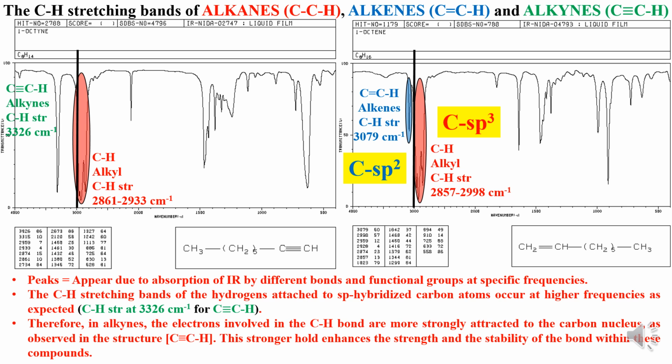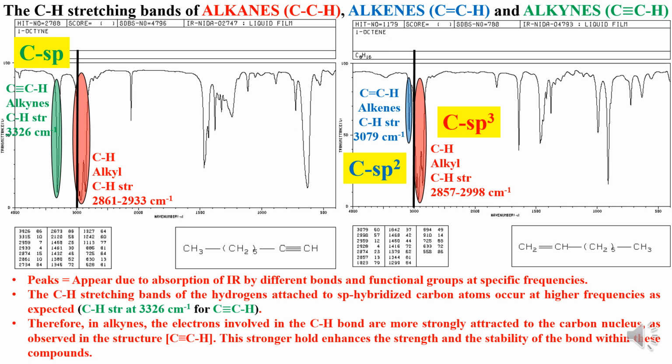While the CH stretching bands of hydrogens attached to sp hybridized carbon atoms, in case of alkynes, occur at a higher frequency as expected, because the carbon atom in case of alkyne is sp hybridized. And I've already explained the importance of hybridization of these carbon atoms. So it is the hybridization of these carbon atoms which decides the stretching frequency of either the carbon-carbon bond or the carbon-hydrogen bond.